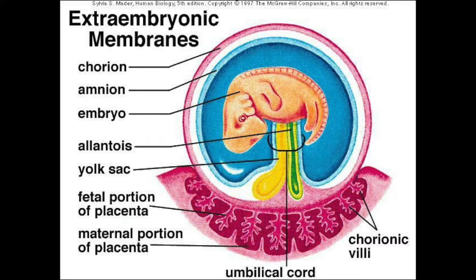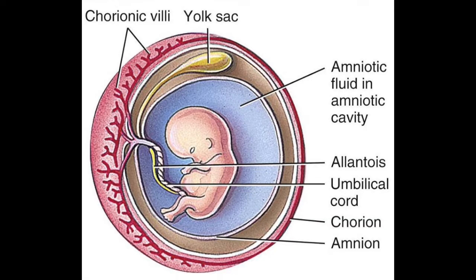And now the amnion. Though it develops from the embryonic tissue, it isn't a part of the embryo. It is present over the embryo. Between the embryo and the amnion, there is the amniotic cavity filled with amniotic fluid.